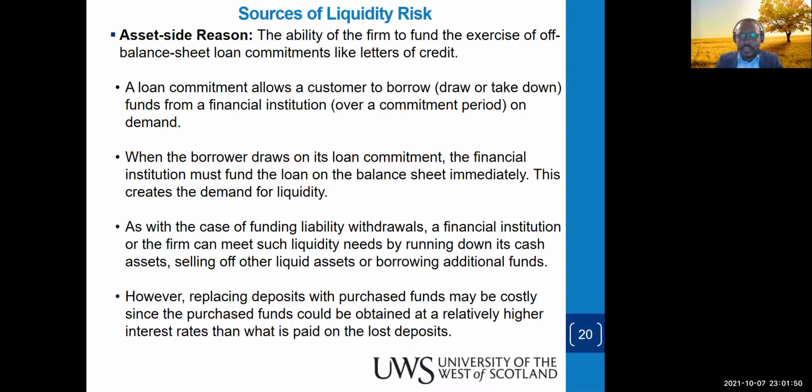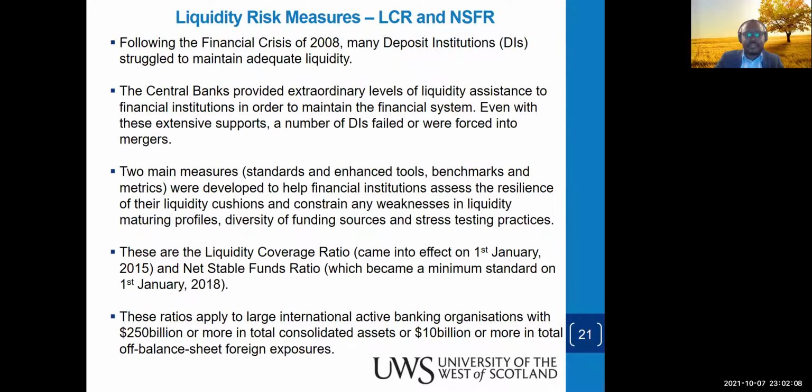And if they don't have enough cash, what do they do? They sell off their assets at a fire sale price, okay? Or if they don't have enough assets, what they have to do is to borrow additional funds to pay off this. And these additional funds could be acquired at a higher interest rate than what would have been paid in a normal situation, okay? Now, following the financial crisis of 2008, many of these depository institutions struggled to maintain their liquidity.